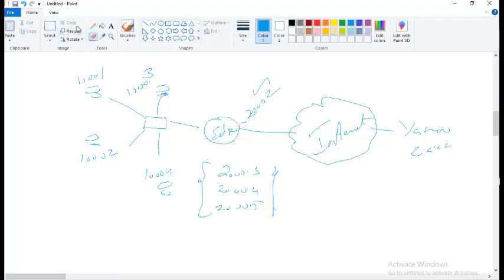But this one which we are going to learn now is also called PATing, port address translation.